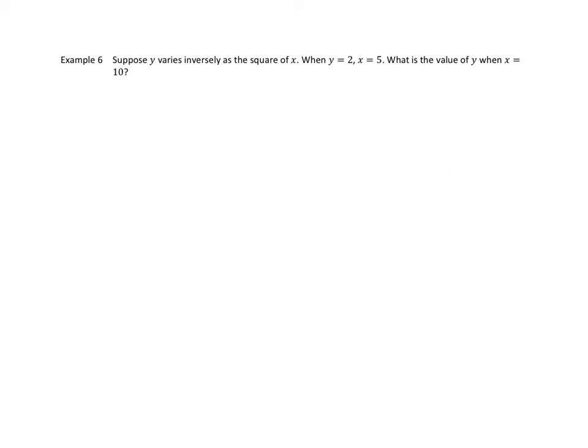And in this last example, example 6, let's suppose y varies inversely as the square of x. Again, slightly changing the language in the definition of inverse variation. So here, to say y varies inversely as x is to say y is equal to k divided by x.